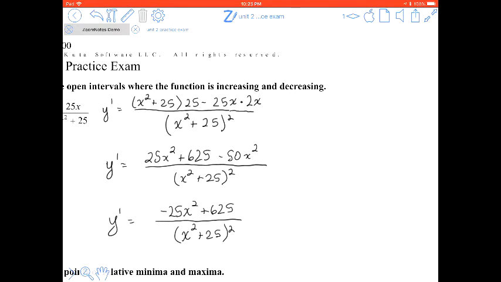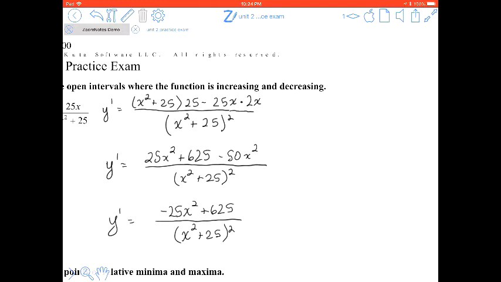Now, when we're finding critical numbers, remember there's two ways: either the first derivative equals 0 or the first derivative is undefined. Now, to figure out where a function like this is undefined, we look at the denominator, because remember the denominator can't equal 0.